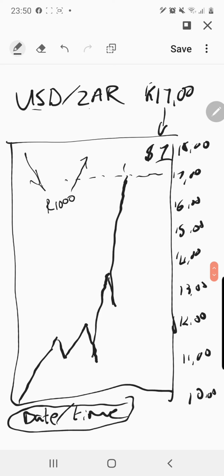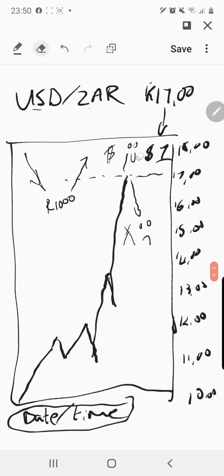If price goes to 18 rand, then I make money. I chose the right direction, right? But if it goes below when I said it's going up, then I lose money. I lose money, right? But here I make money, right?